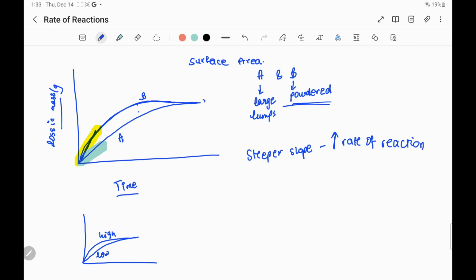You guys will notice that they end at the same point because you're still using the same amount of the reactant. The only thing that you're changing is the temperature, which doesn't affect how much of the product you end up getting. Or you still have the same mass of whatever powdered solid that you have in your reaction. You're going to still get the same amount of product. All that these factors affect is the rate of reaction. How fast?